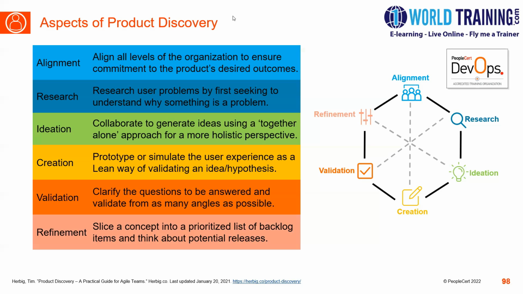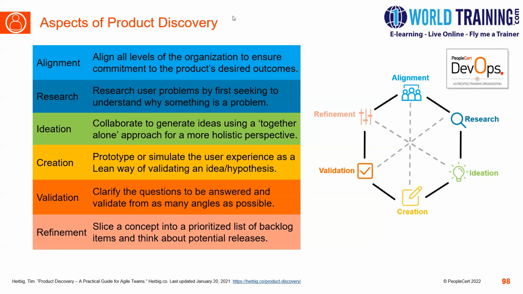The next aspect is the ideation phase. Once the alignment and the research have been done, we should now think about carrying out the ideation. In the ideation phase, we need to collaborate to understand the ideas using a together and alone approach for a more holistic perspective.